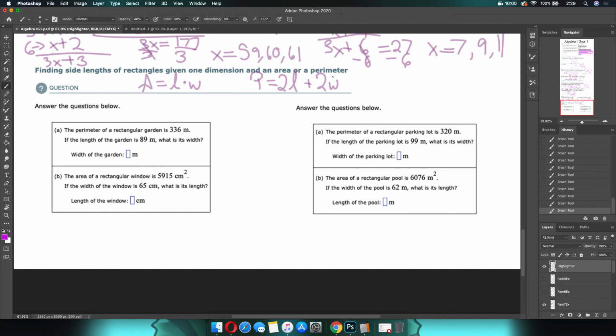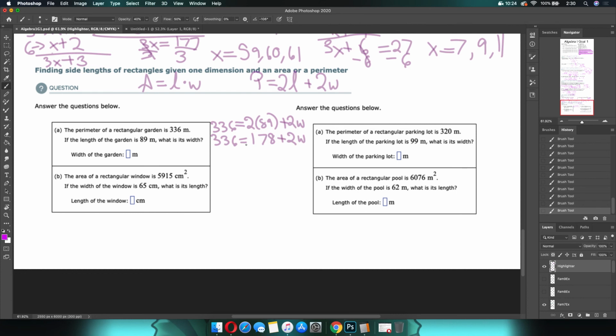Let's see here. We're told the perimeter is 336, so 336 equals twice the length, which is, do they tell us? Yep, length is 89 plus twice the width. Okay, so now we can set ourselves up. 336 equals 178 plus 2w.